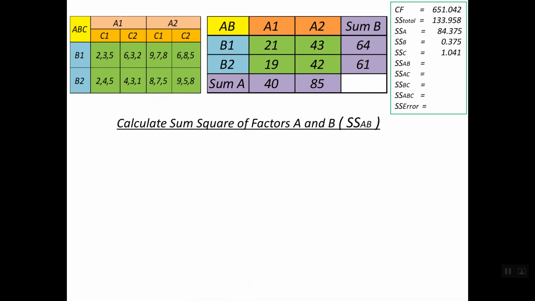By this, we have finished all the SS for the main factors, A and B and C. Now we start the calculation for the SS for the interaction between these three factors, and we start with the SS between factors A and B, which is SSAB.